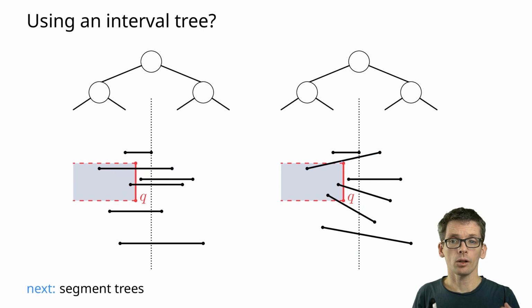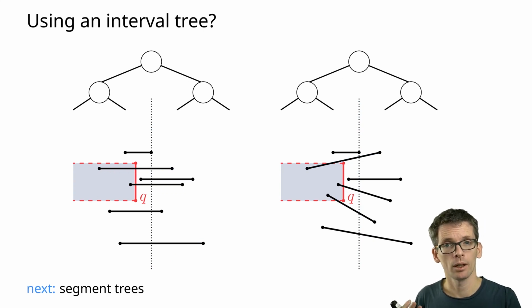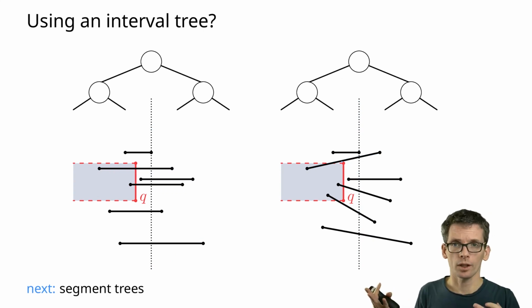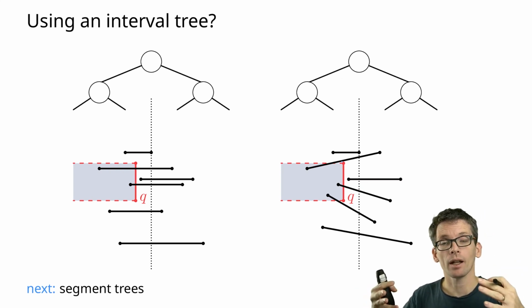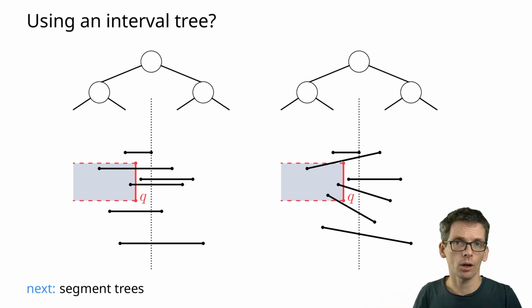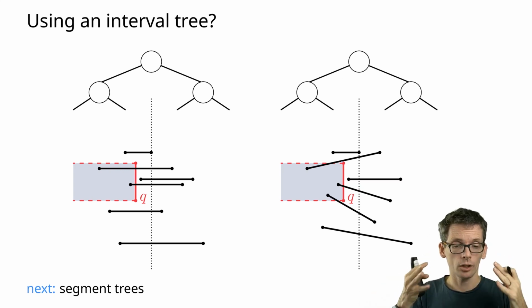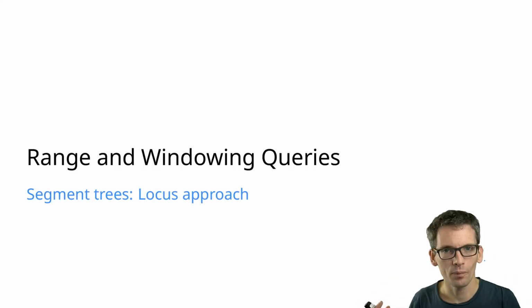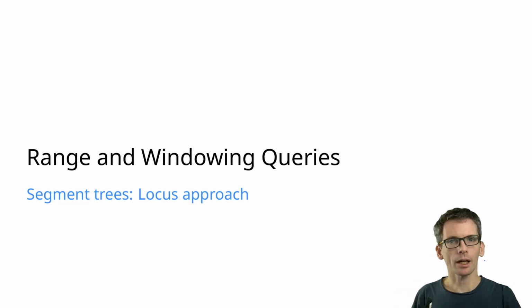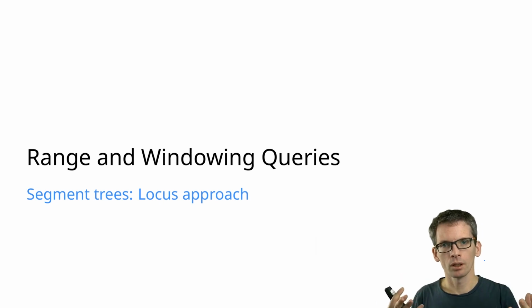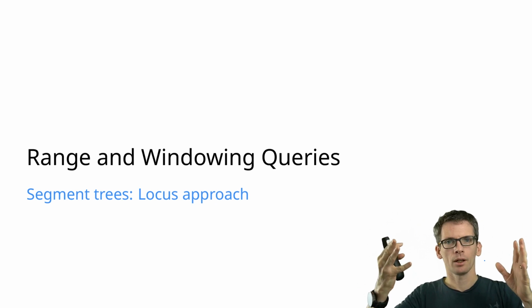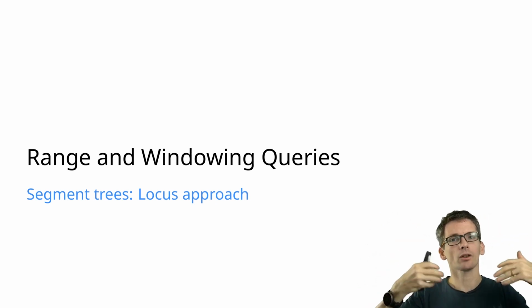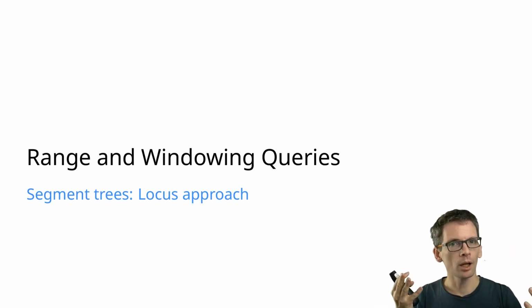We will next see an alternative to interval trees, segment trees. In 1D, they will solve the same problem as interval trees, even less efficiently. But we can then use them afterwards as a main structure for the windowing queries to actually solve this problem. We're going to get to know segment trees. Segment trees are an example of the locus approach, which abstractly speaking means we're taking a solution space and dividing it into regions such that in every region the solution is the same.